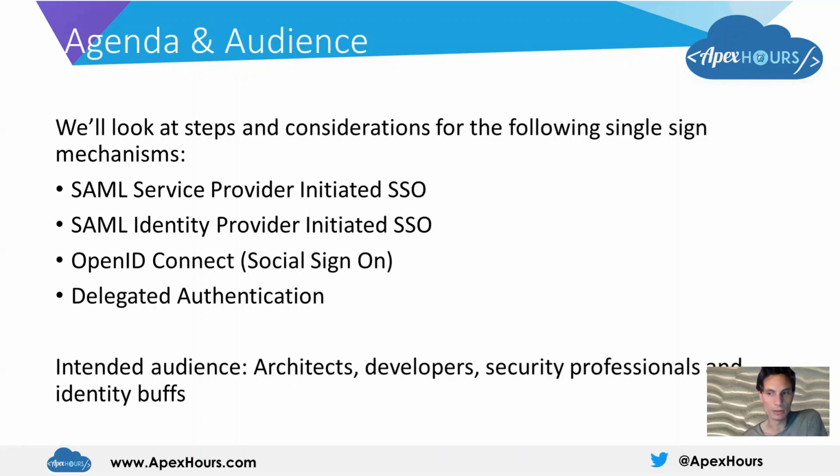There's a newer identity protocol that's also supported by Salesforce, OpenID Connect. This is based on OAuth technology. I will run through considerations and steps in the flow for that as well. And finally, delegated authentication.